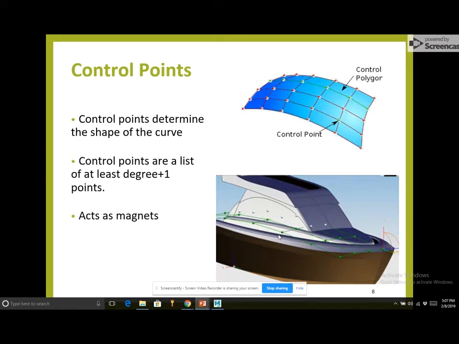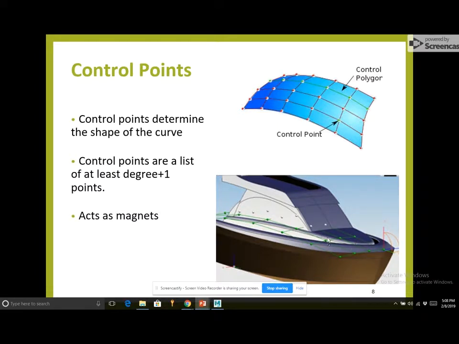And the best part is we can alter the shape of the curve at any point by just changing the control points. It is not like we design a curve and can never change it. No, we can change the shape of the curve by adjusting the control points. So when we move a control point, the shape of the curve will change.